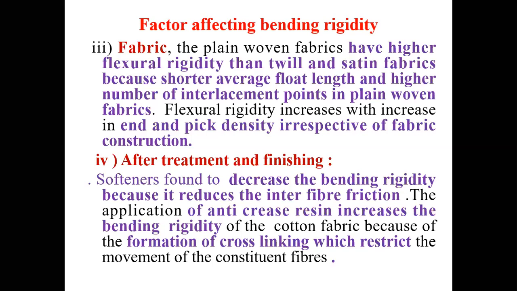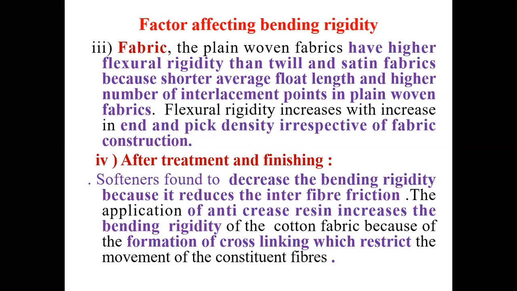Because softeners nowadays are modified amino silicone softeners, and this amino silicone softener is an emulsion of both microemulsion and macroemulsion. Now microemulsion, as the name implies, the sizes are very small and they can penetrate inside the yarn and they can lubricate the fibers.